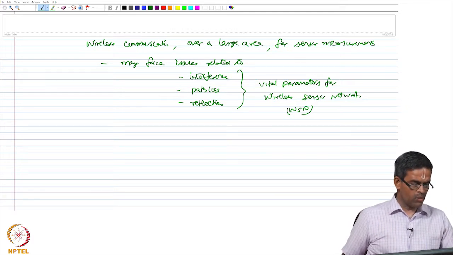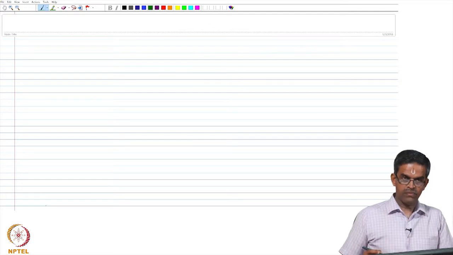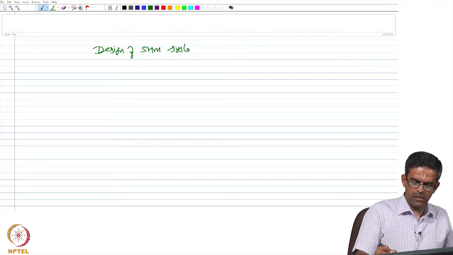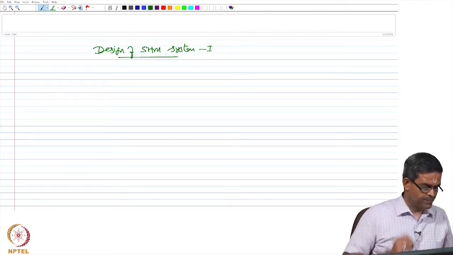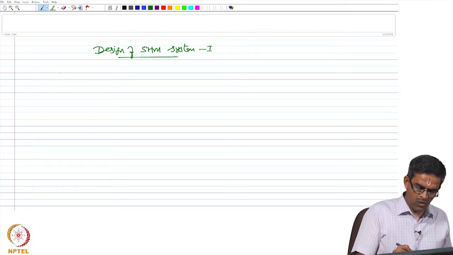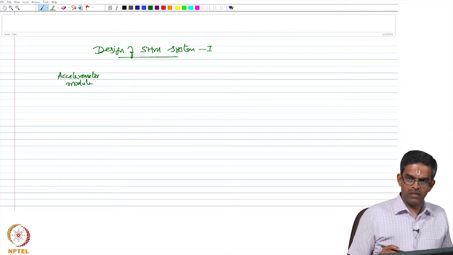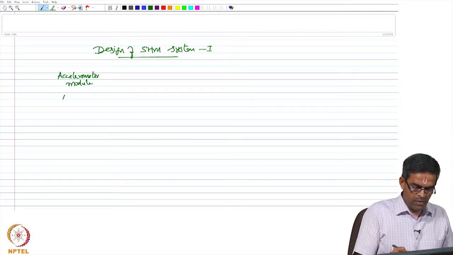Let us now talk about the design of the SHM layout. I will call this system 1. The system 1 consists of accelerometer module, which essentially is a commercially available accelerometer, which is ADXL35.